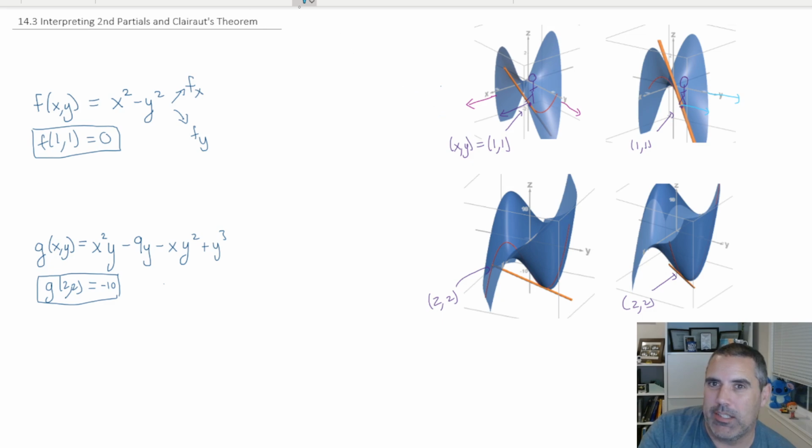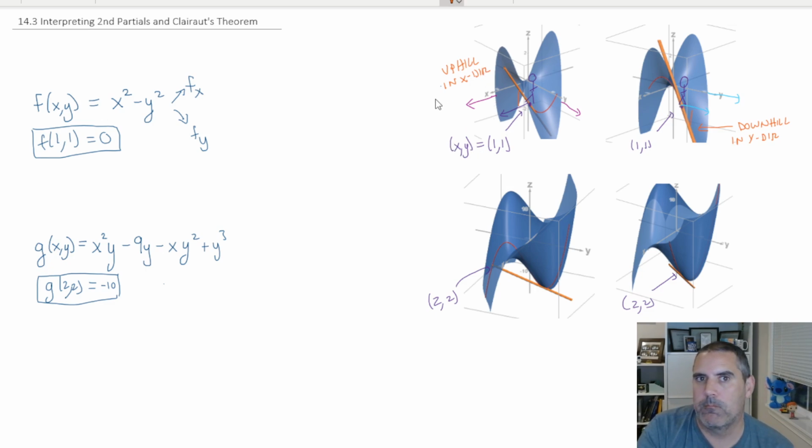So you should see, or I hope you can see, that this slope is positive. You're going up, and this slope is negative. So I would call that downhill in the y direction. And this would be uphill in the x direction.